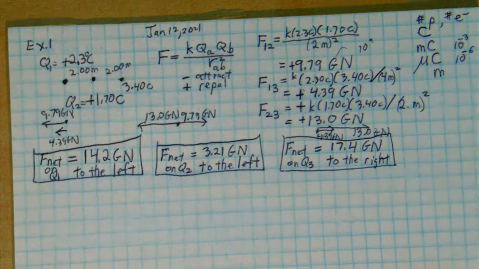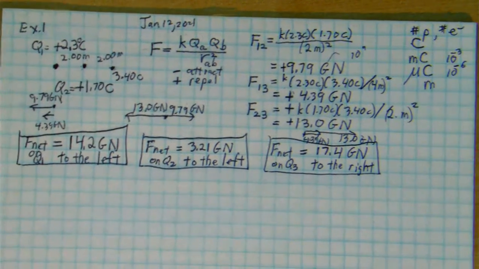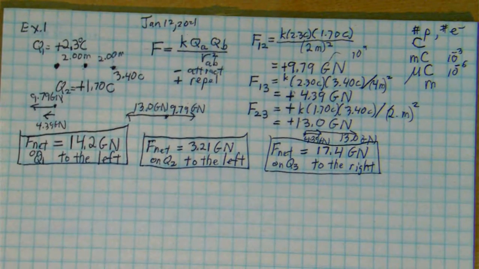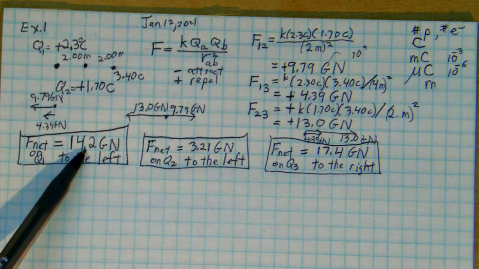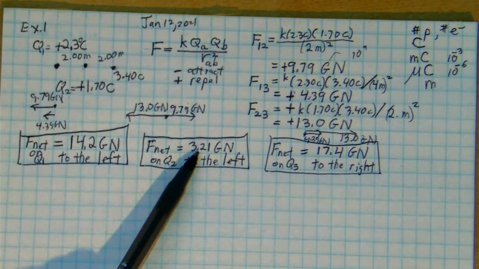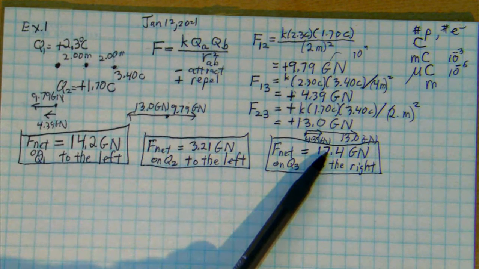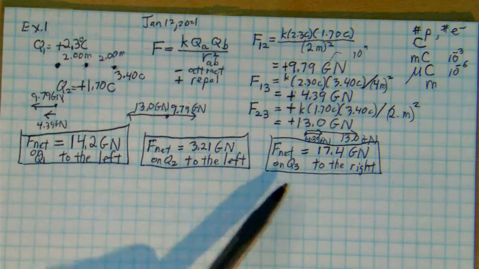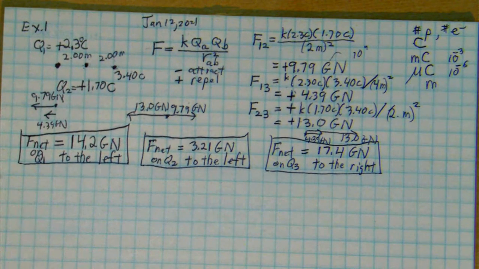Ta-da! For this example, I have calculated the net force on Q1, the net force on Q2, the net force on Q3. They are all different based on the actual geometry and values of the problem.